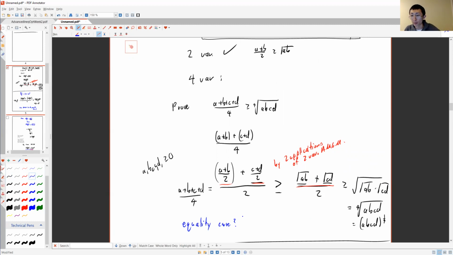Right, so Daniel says when all variables are equal, and some other people have said that too.